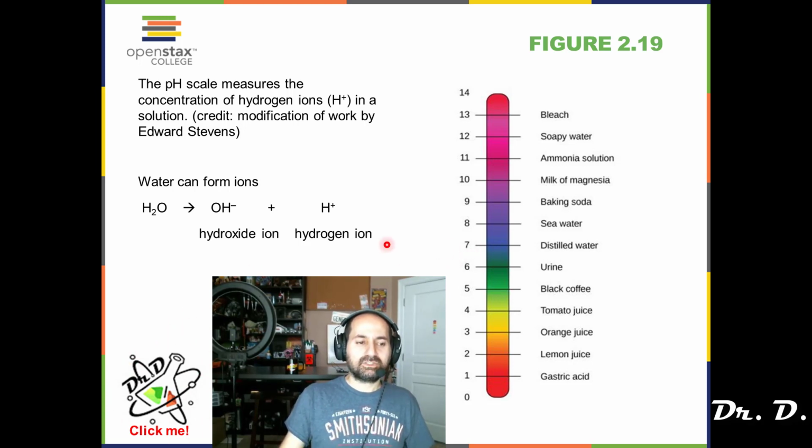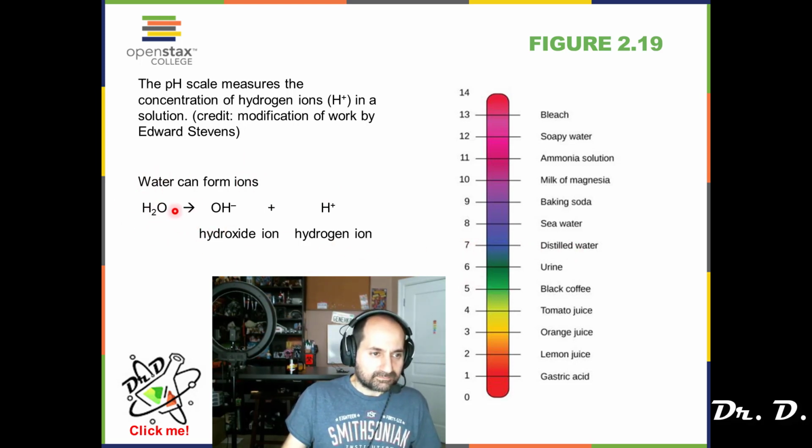But what I really need you to know from that video, for our test, is that at pH 7 you have the same amount of protons, hydrogen ions, as you do hydroxide ions, OH minus. You have the same amount of H plus as you have OH minus at pH 7. You know why?